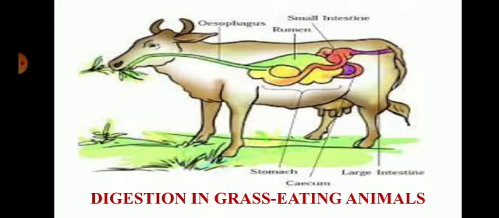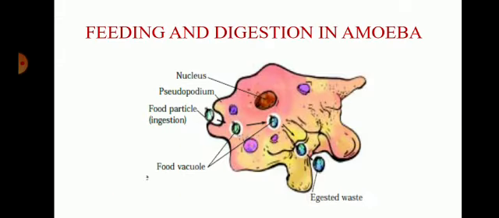Then we go to the next one, feeding and digestion in amoeba. You know that amoeba is a single cell organism. You already studied. Yes or no? Food digestion, waste removal and reproduction are all done by the single cell.